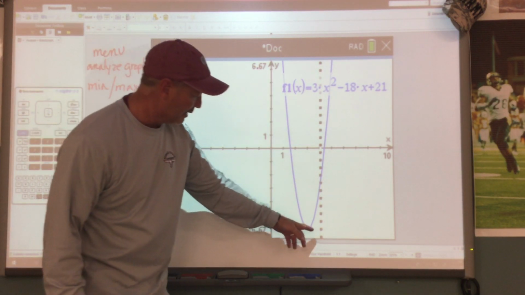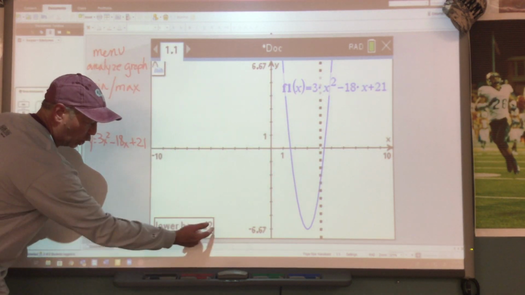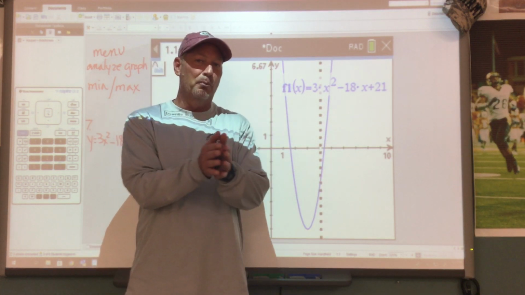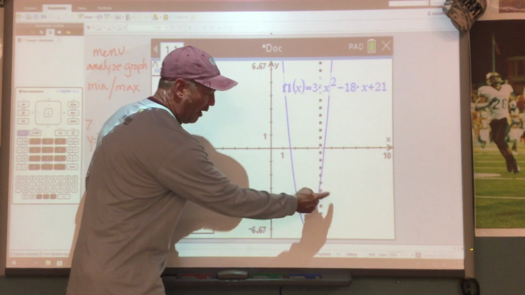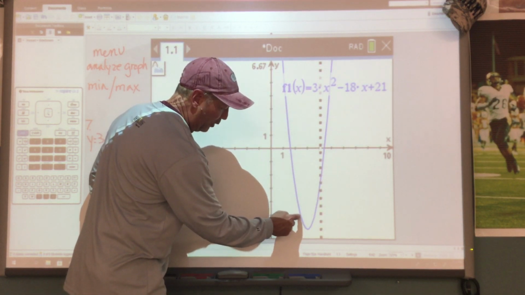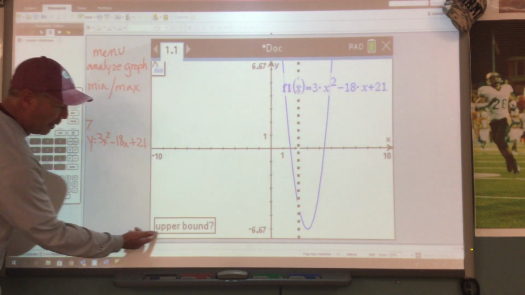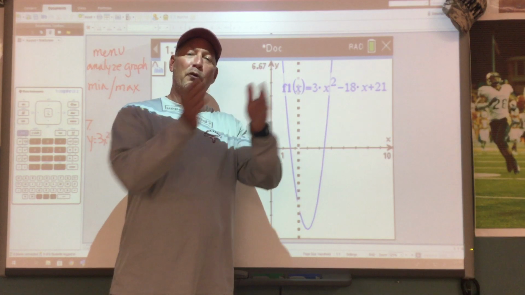And you see I've got a broken line, but over here to the bottom left, it says the lower bound. That's the lower boundary. They're going to ask you to move the lower boundary to the left of where you think the vertex is. So we're going to move our broken line to the left of where we think the vertex is. And then it changed to upper bound. They want you to move it, when you click, to the right.